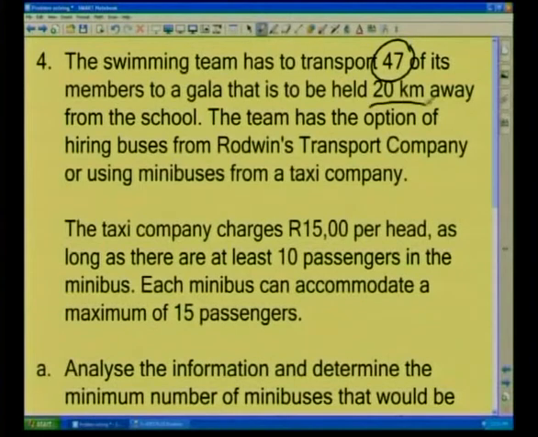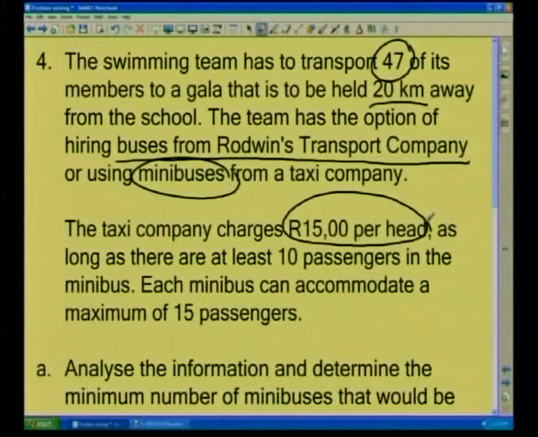The swimming team has to transport 47 of its members to a gala that is going to be held 20 kilometers away from the school. The team has the option of hiring buses from Rodwin's transport company, so you can see that it's still part of the previous question, or using minibuses from a taxi company. The taxi company charges 15 Rand per head, as long as there are at least 10 passengers, which is your minimum number of people in the taxi, and each minibus can accommodate a maximum of 15 passengers.